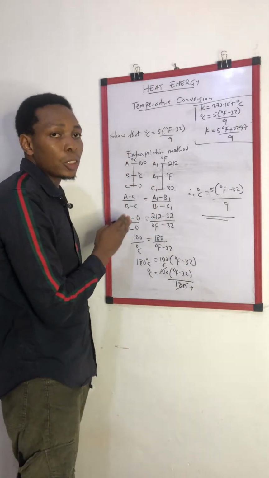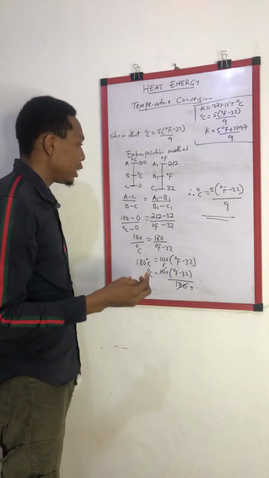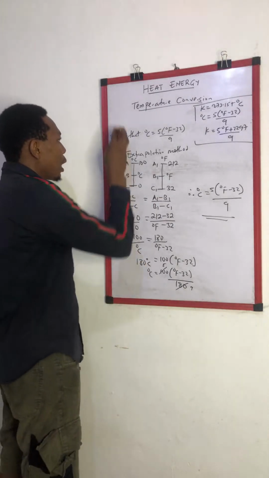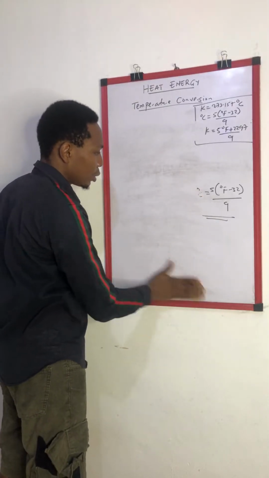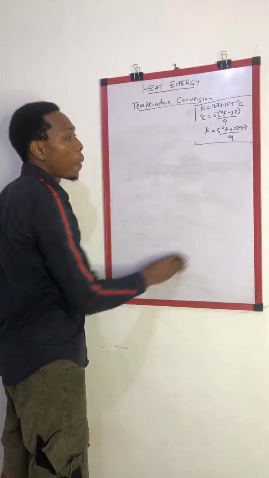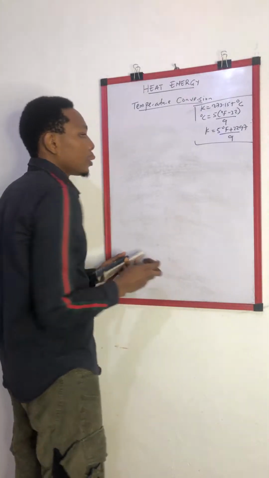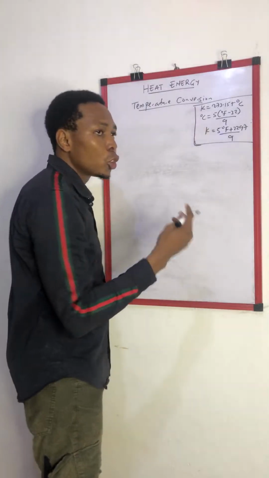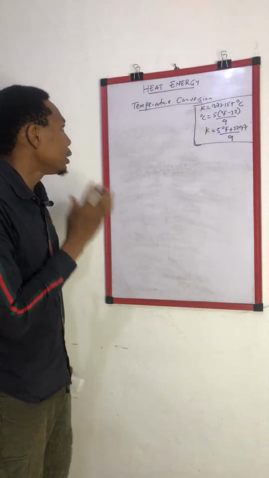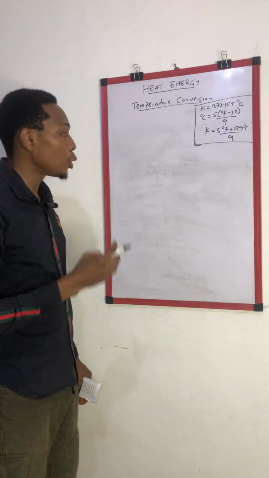So this very one, you might be asked in your heat energy exam. So we are going to be using this equation to solve now. Okay, we are still on temperature conversion.